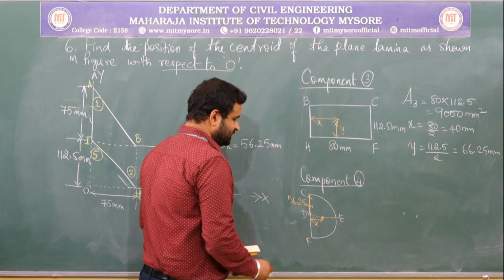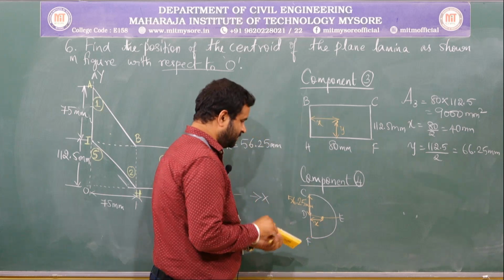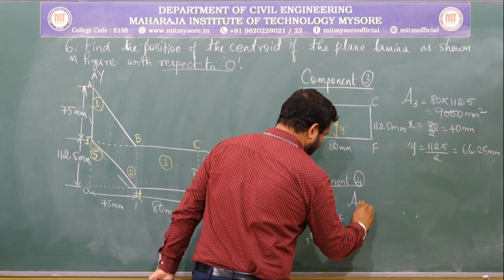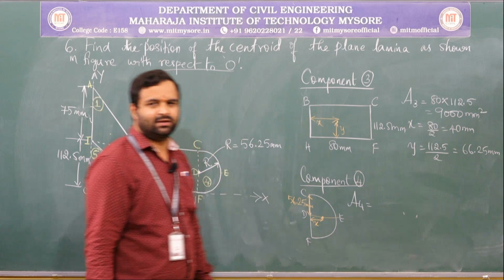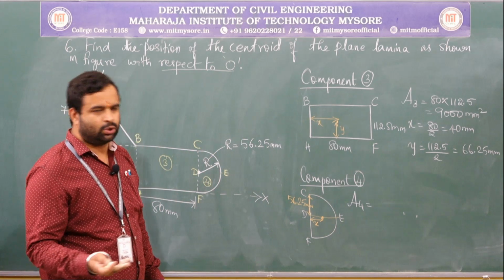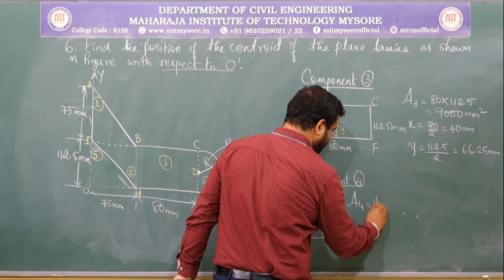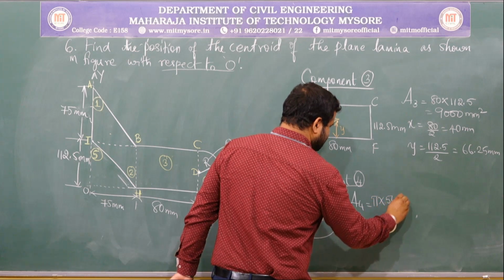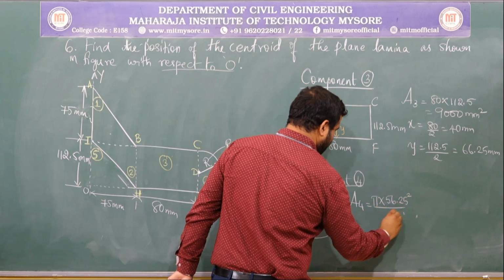So, this x is nothing but 4r by 3 pi. First, let me calculate its area A4. What is the area of a semicircle? It is pi r square by 2. It is pi into 56.25 square by 2.